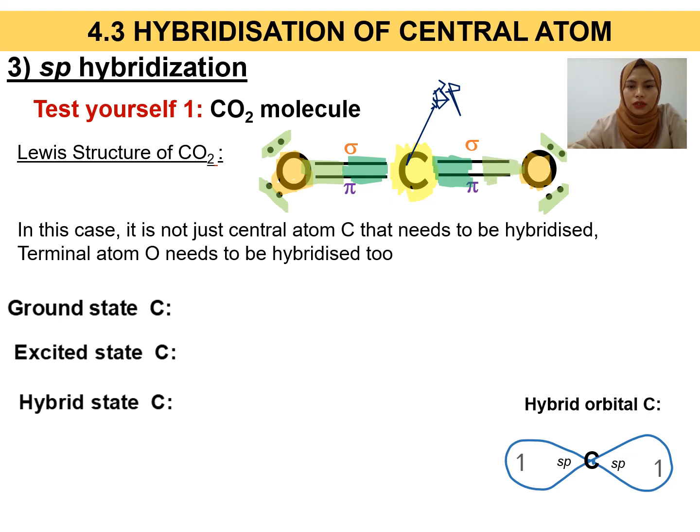So untuk atom yang ada 3 electron pairs kan, therefore the electron arrangement, you should know that dia punya electron arranged in a trigonal planar.